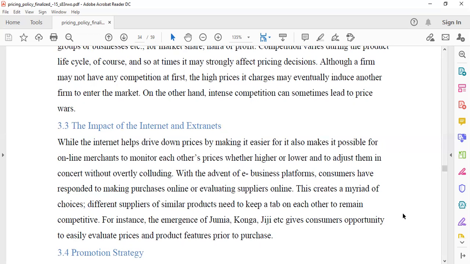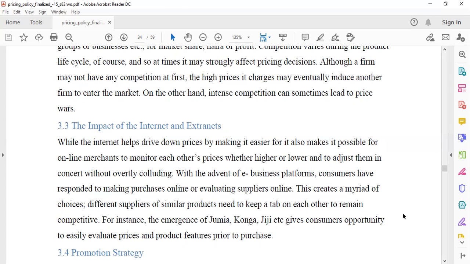With the advent of e-business, consumers have responded to making purchases online and evaluating suppliers online as well. So now consumers have choices. They can, at a click of a button, make a purchase. They can, at a click of a button, check out products and their prices.